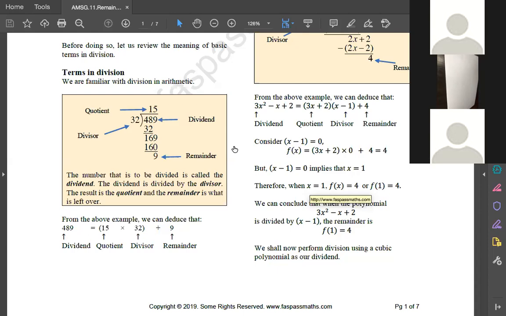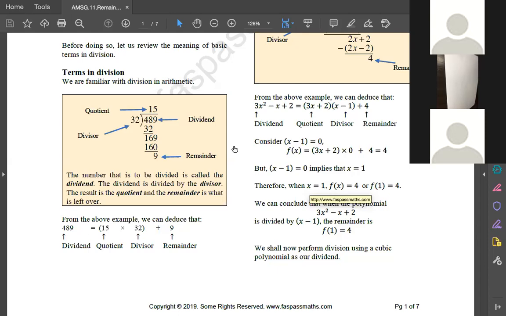So you pick the divisor that has been given to you, or the factor, and equate it to 0. When you equate it to 0, you are going to find the value of x. Just pick the number, cross it to the other side of the equal sign, so you have x is equal to a number.